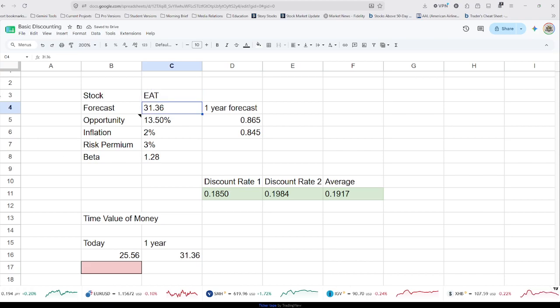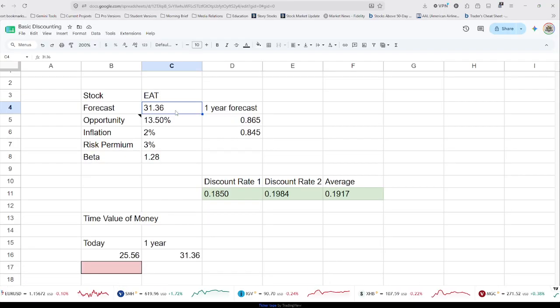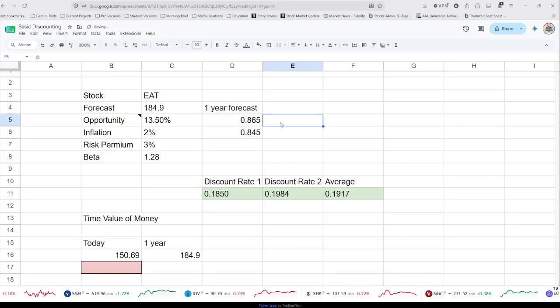And their price forecast is $184.90. Now, I built this little tool that I'm using. It's just a spreadsheet, it's no big deal, but I use it as a visual aid so that you guys can see how this company looks right now.